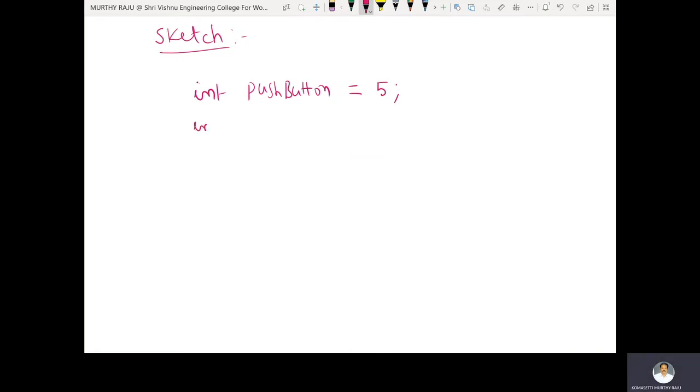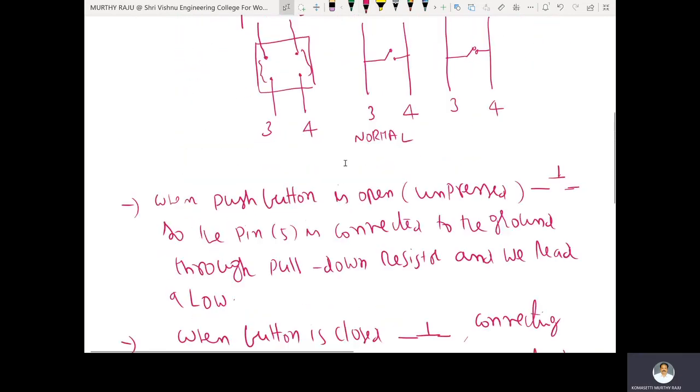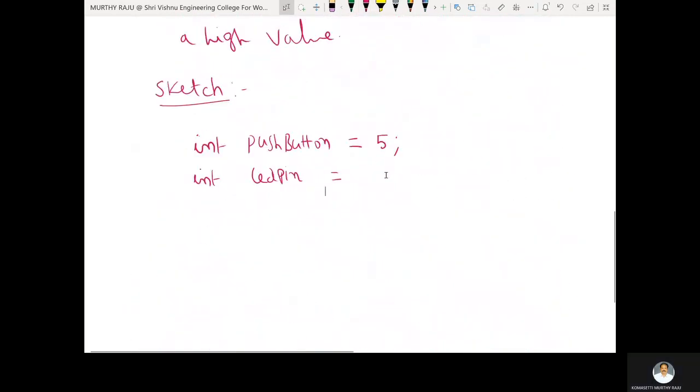Next, integer LED pin is equal to 13. Next, integer button state is equal to initially 0.